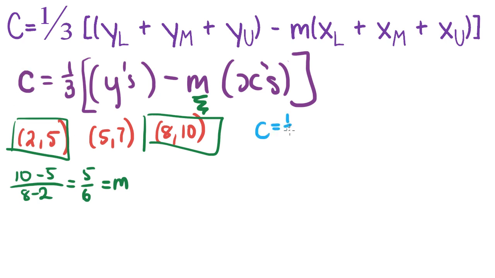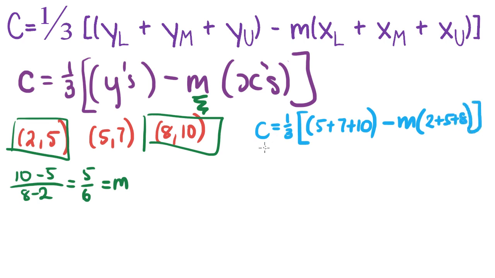So c equals a third of my y's added together. So what are my y's? They're 5, 7, and 10. So 5 plus 7 plus 10 minus m times my x's added together. So what are my x's? They're 2, 5, and 8. So 2 plus 5 plus 8. So c equals a third of 5 plus 7 plus 10 is 22 minus m times, now what's m? 5 over 6 times my x's added together.